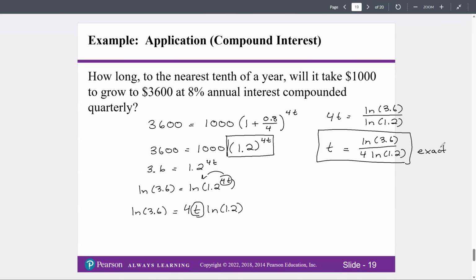So we want to round to the nearest year. We're going to put this all in my calculator all at once. So we have natural log of 3.6 divided by 4 times natural log of 1.2. Just a minute here.